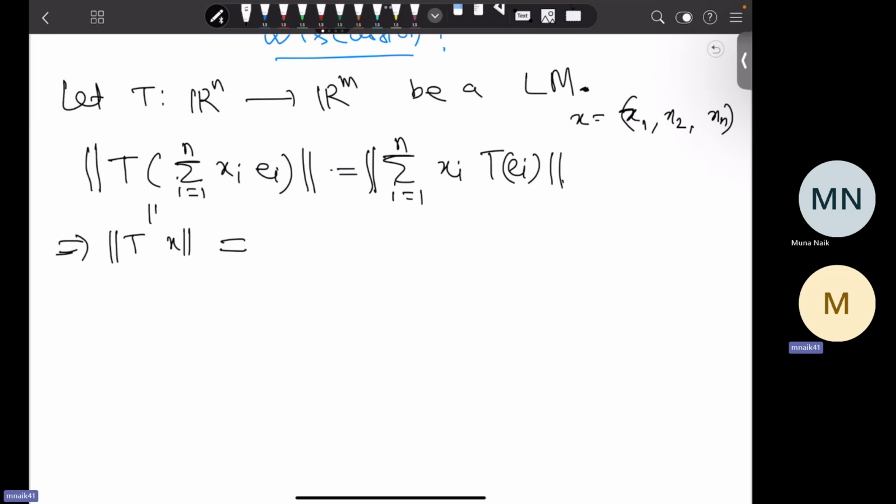This is equal to this. Now I can apply the triangle inequality here, so this will be less than or equal to the summation of i equal to 1 to n of the norm of xi T of ei, by the triangle inequality.